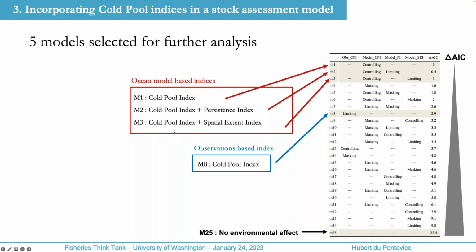So these 3 models included ocean model-based cold pool indices, but we also selected M8, which is the best model including a cold pool effect based on observations. And finally, we selected the model without any cold pool effect as a reference model.